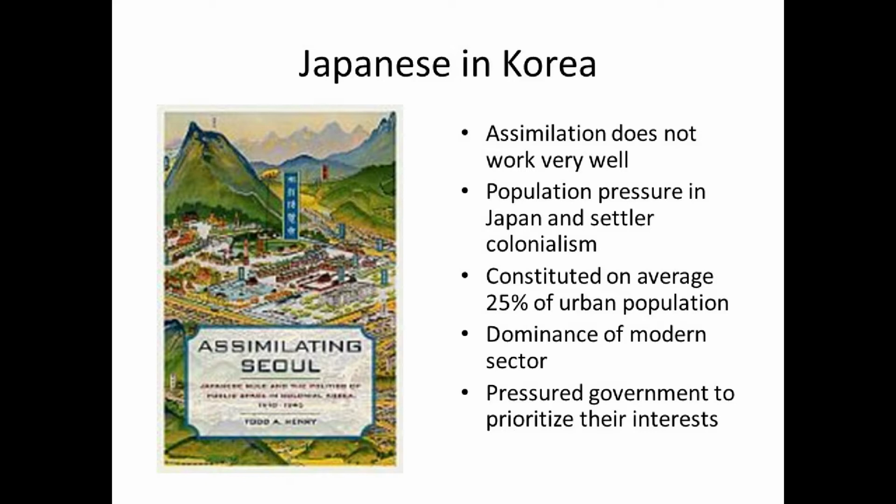Koreans are expected to give up everything, but are typically not given much in return. And even when the Japanese government wants to follow this assimilation policy, they're pressured by Japanese people to not follow the policy because that would mean allowing Koreans to compete with Japanese people for jobs and things like that.